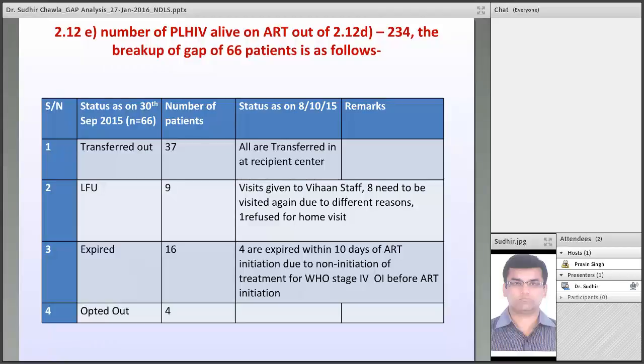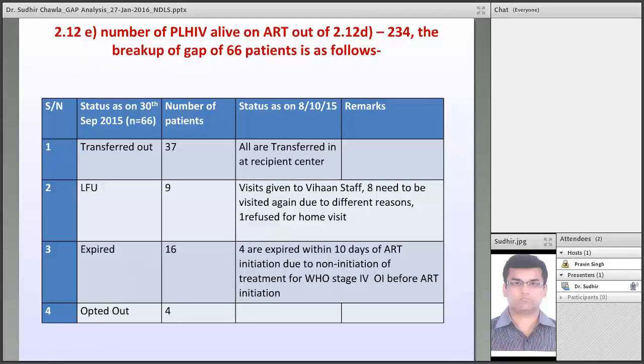So because of this, 8 patients need repeat visits, and 16 expired; 4 expired within 10 days of ART initiation. Now I know these patients had WHO stage 4 illness, and even though the OI was not managed properly, ART was initiated. So IRIS or something like that may have been involved, and the patient died.